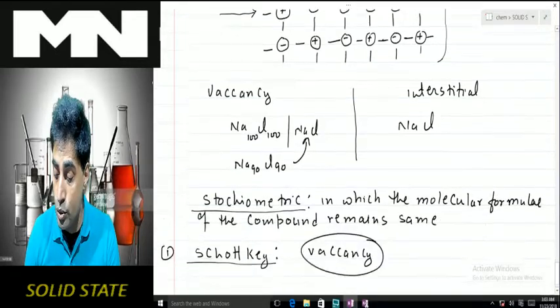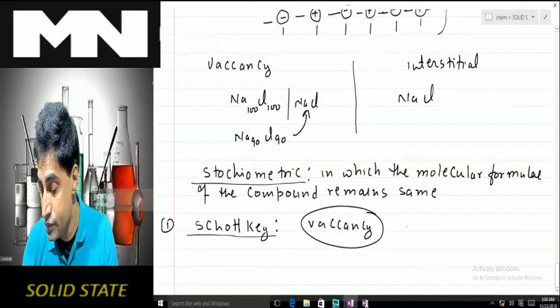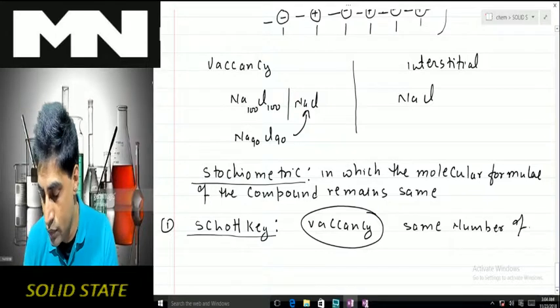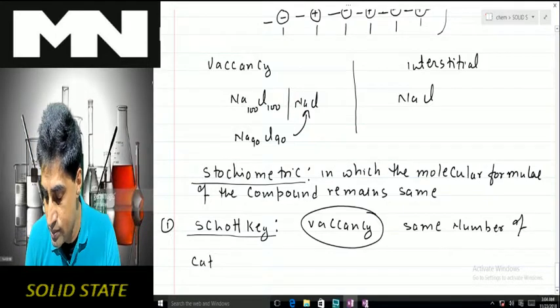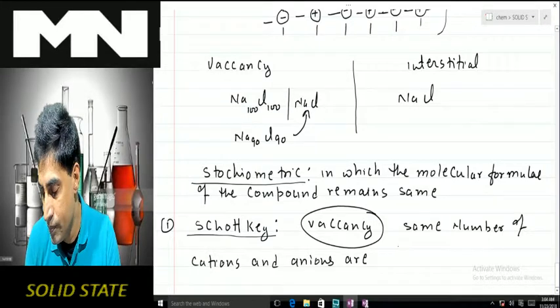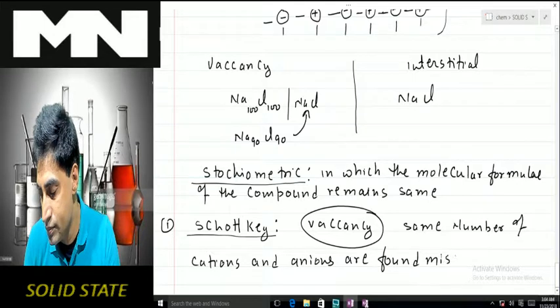So in Schottky imperfection, the same number of cations and anions are found missing from the crystal.